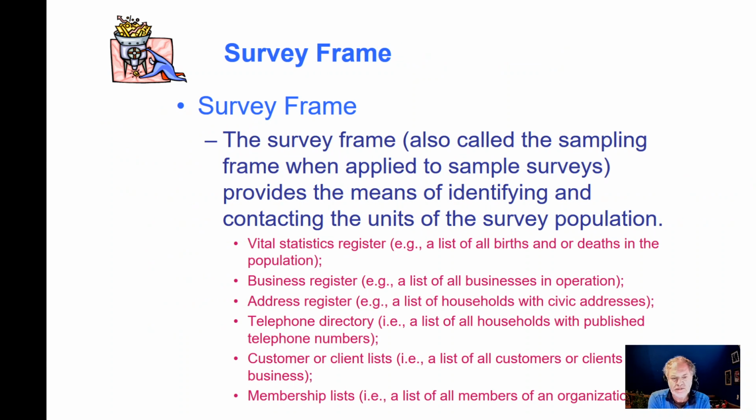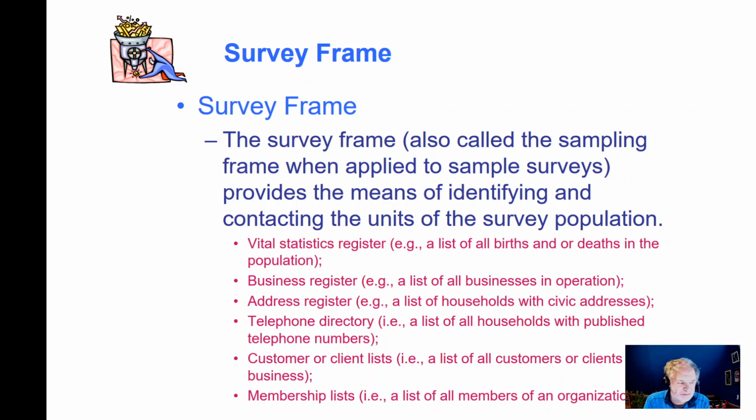Okay. The survey frame is called the sampling frame when applied to sample surveys. This provides your means of identifying and contacting the units of the survey population, right? So how do you get the contact information for all of the individuals within a population? You can get it from vital statistics registries in terms of births, deaths. You can get it from business registries if you're looking at it from a commercial side. Household information from the municipal level, where households are used for taxation purposes.